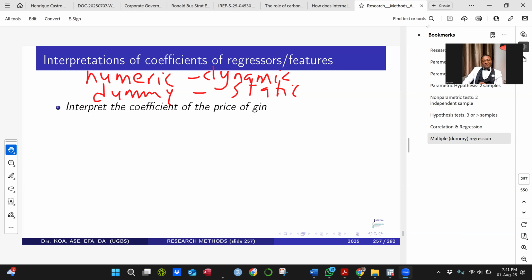I always say, this is my rule, based on Hair et al. 2005 book, that when the regression R square is bigger than 50%, then the regression model is well fitted. Sure.